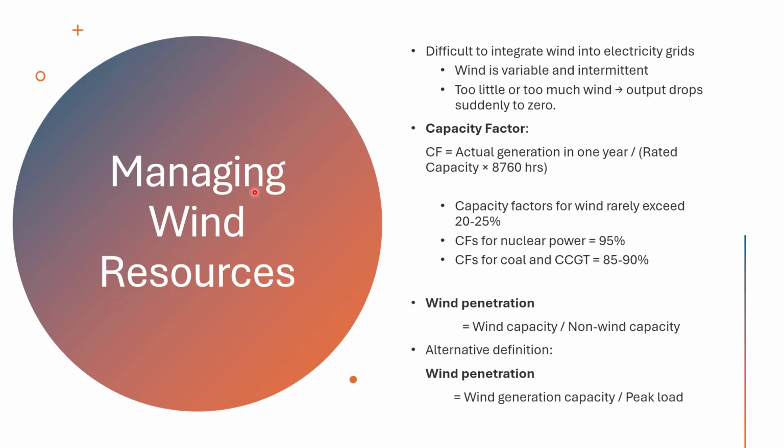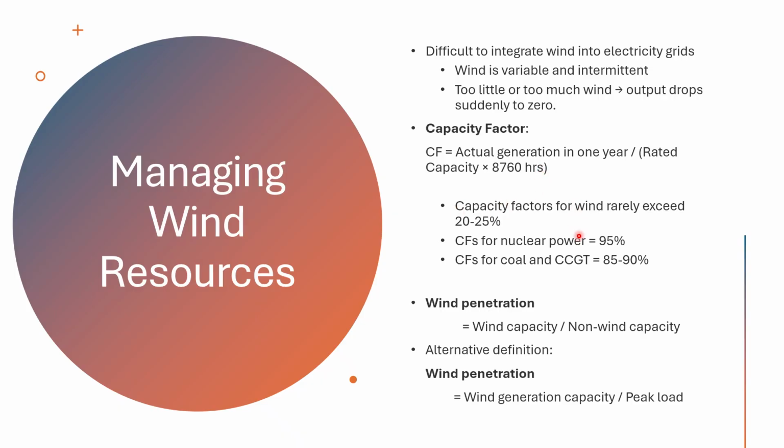So when we manage wind resources, we find that it's difficult to integrate wind into electricity grids. Wind is variable and intermittent. There's too little or too much wind, so output drops suddenly to zero. We look at the capacity factor, which we mentioned in the previous video, which is the actual generation in 1 year divided by the rated capacity times 8,760 hours.